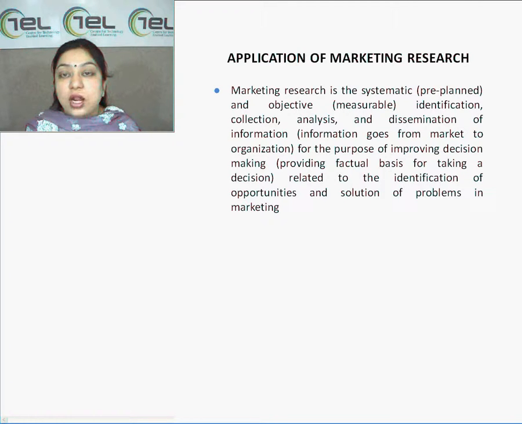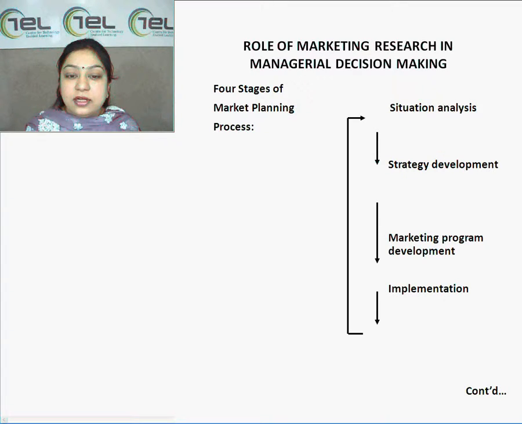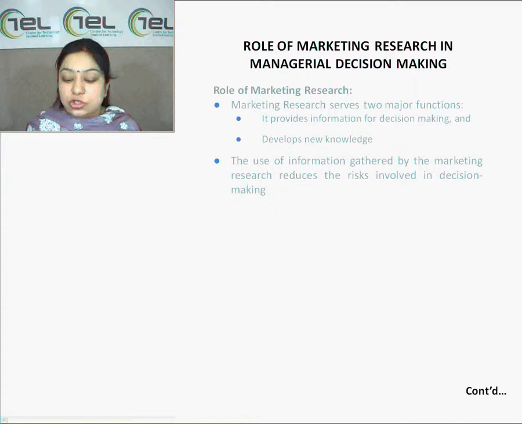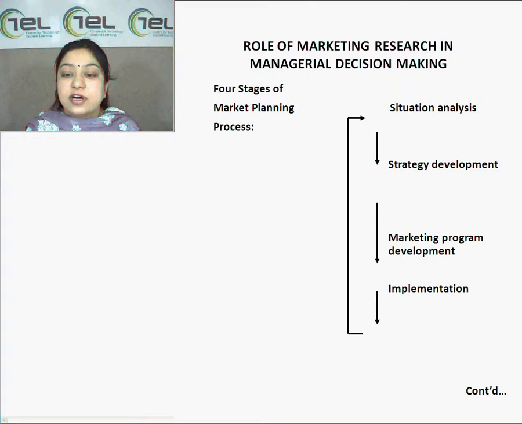Now, this is how marketing research works. The role of marketing research in decision making can have 4 stages: first is situation analysis, then strategy development, then marketing program development, and in the end you implement.